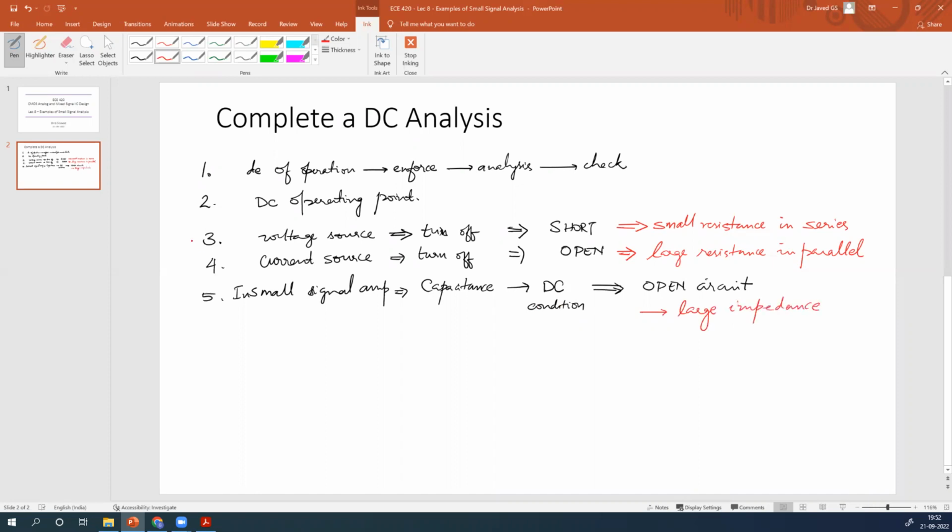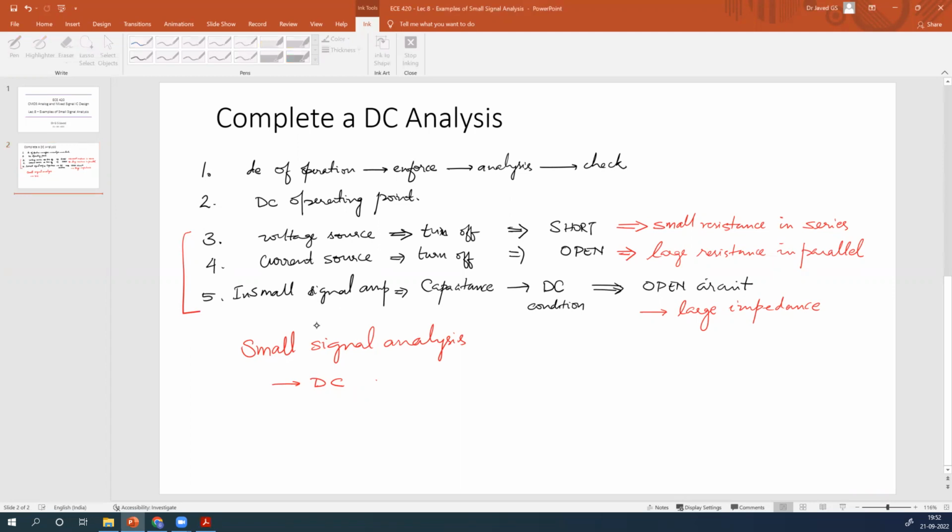So these are the three conditions that we will regularly use in any small signal analysis. Note that this is defined for DC signals only, or DC time only. So, how do you proceed further?